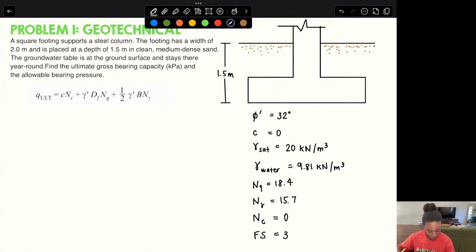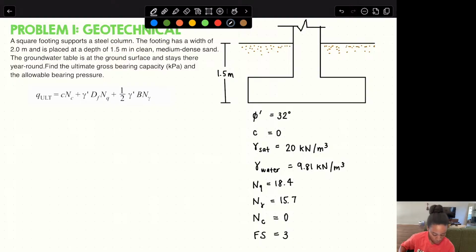We are given a couple helpful pieces of information. As you can see, the square footing is drawn here in the top right. So we have a couple knowns also written underneath that.